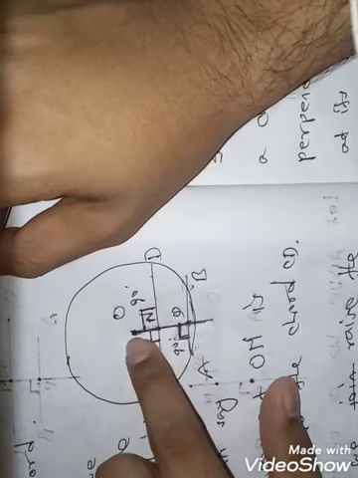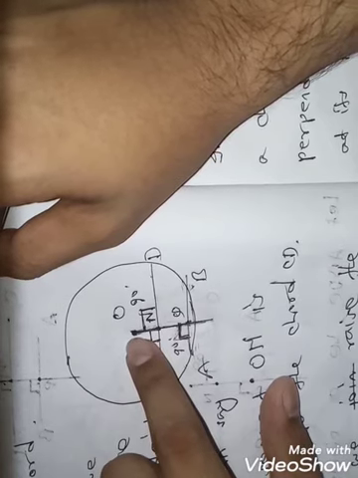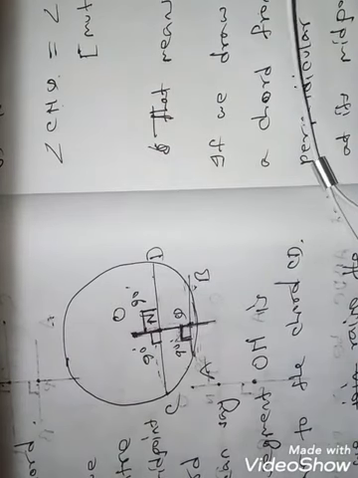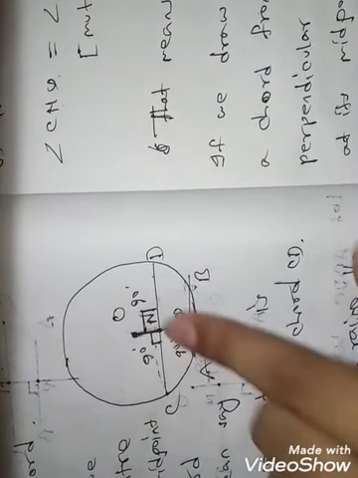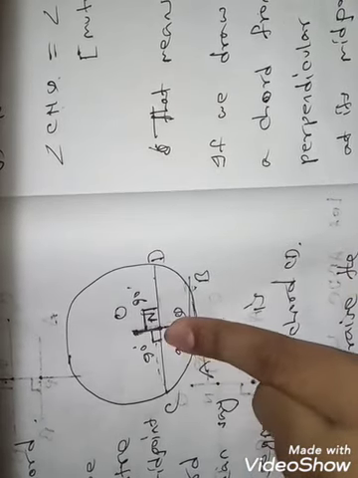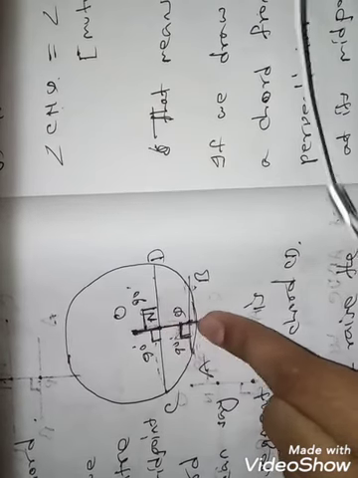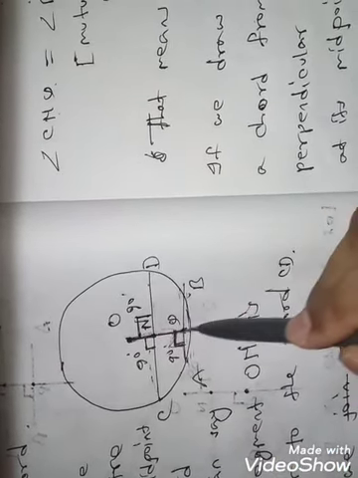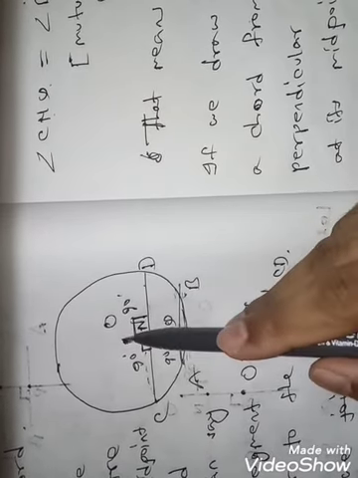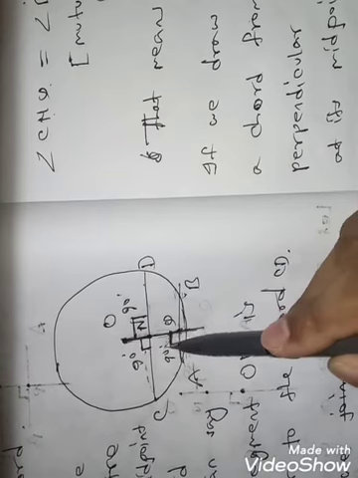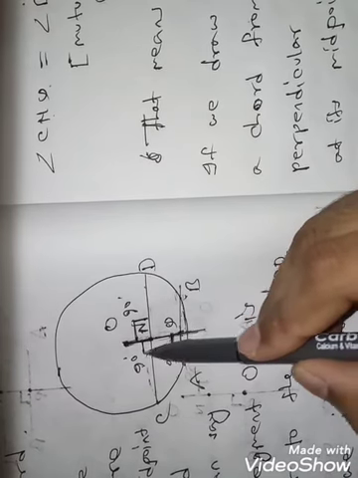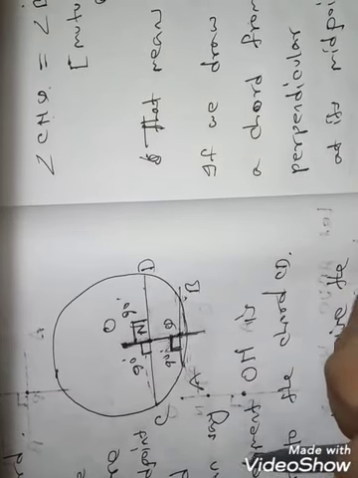And during the time of proving this theorem, we have also proved that this line joining the midpoints, going through the center, creates an angle of 90 degrees with the chord AB, and also an angle of 90 degrees with the chord CD.